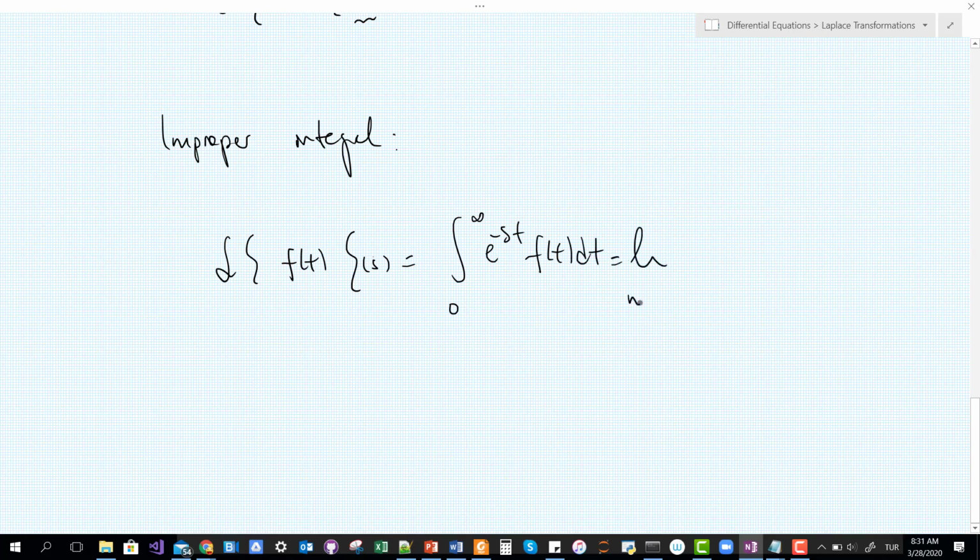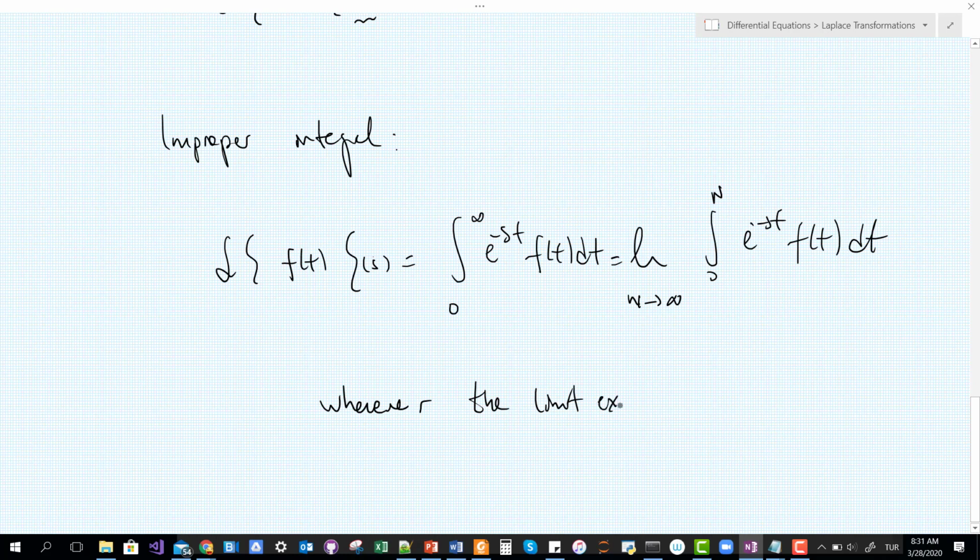So I can write this integral as a limit, plus integral, if you remember from Calc 2, of f of t dt, whenever the limit exists. Look at that. What it says, this improper integral, why we call it improper, since we have the infinity here.